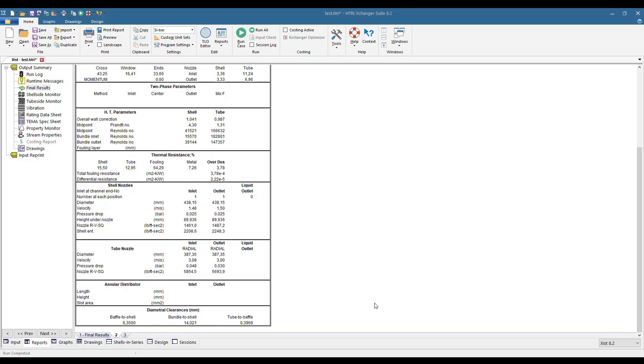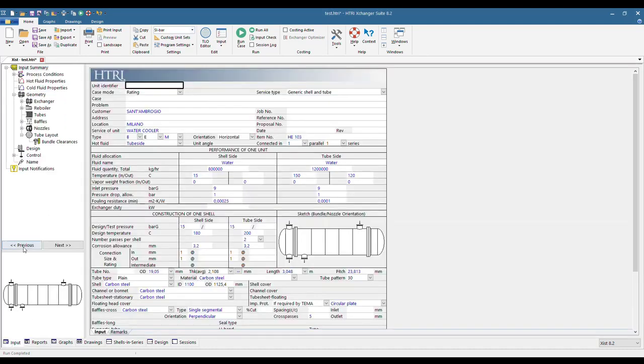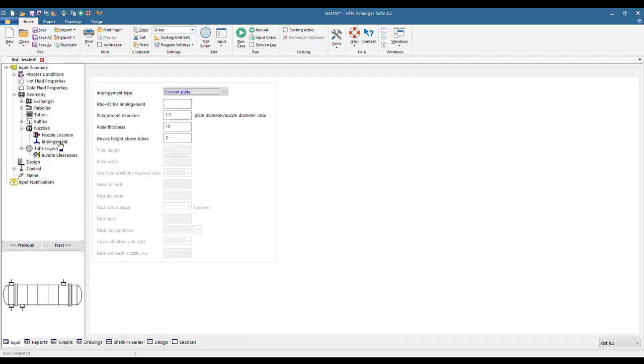If you want the impingement device in any case, because we are too close to the limit, well, it's not very difficult. If we come back to the input, and then we look at nozzles, impingement here. If we want impingement device, circular plate.